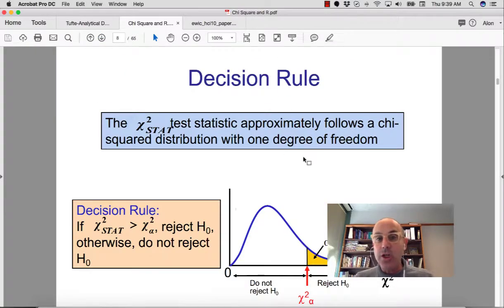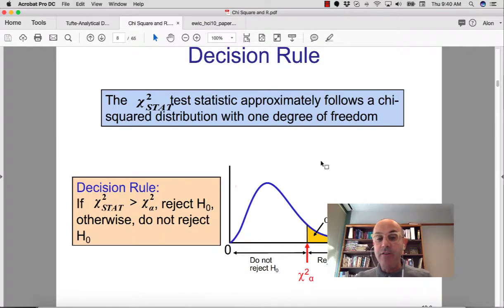So the decision rule here is that if the x squared test statistic follows the chi-square distribution with 1 degree of freedom, we will have this idea of not rejecting the null hypothesis or rejecting the null hypothesis, and where it falls into this decision rule that we need to apply.